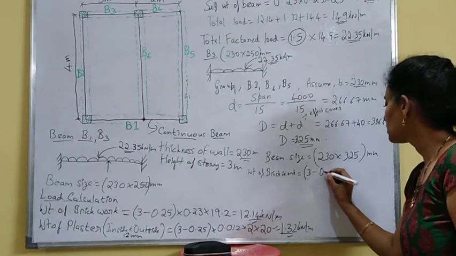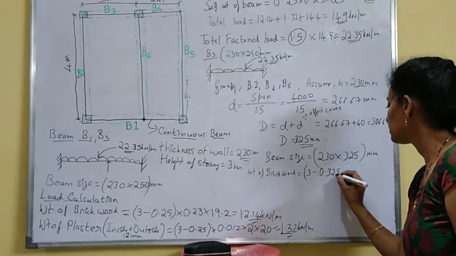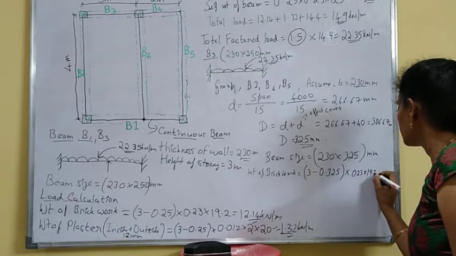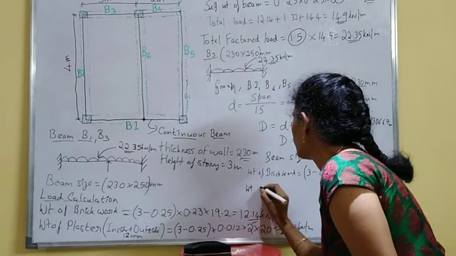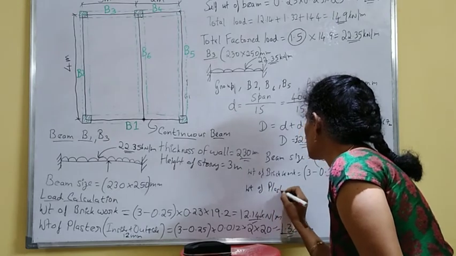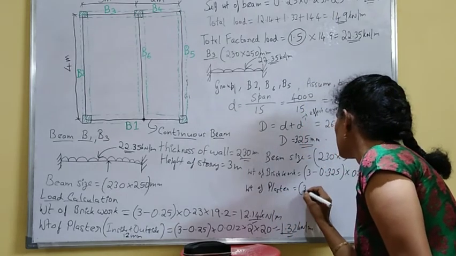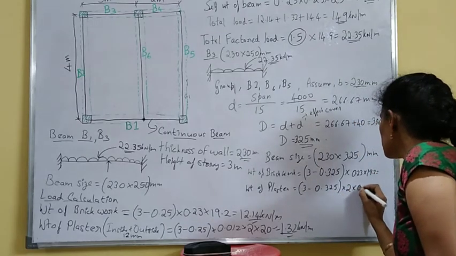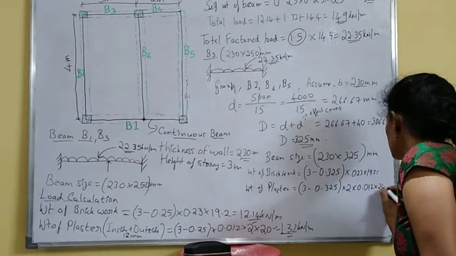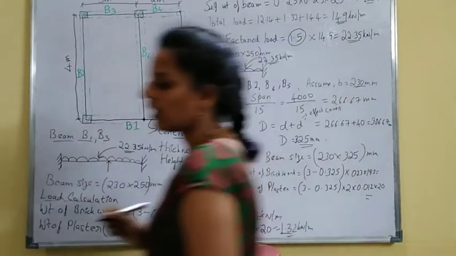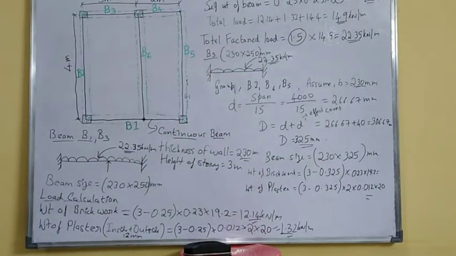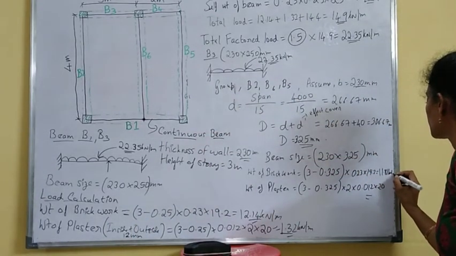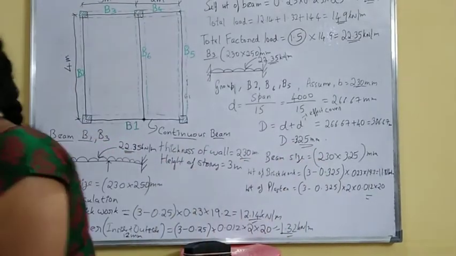So here depth of beam is 325 mm, and it is 0.23 into 19.2. Next, weight of plaster, same 12 mm thickness, so 3 minus 0.325 into 2 into 0.012 into 20 is the density. So the value is 11.81 kilonewton per meter, and this is 1.2.